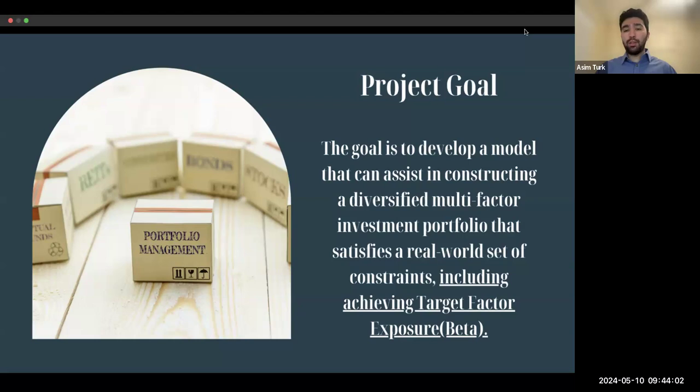The factors that we're going to use are the Fama-French factors. And our goal is to achieve our target factor exposures so that we can create a portfolio that caters to our investment goals.